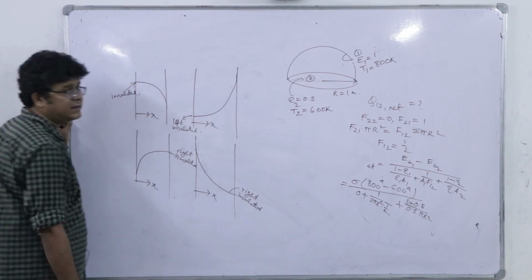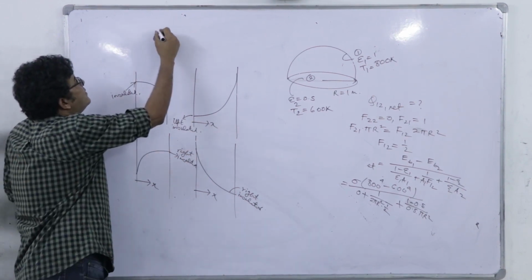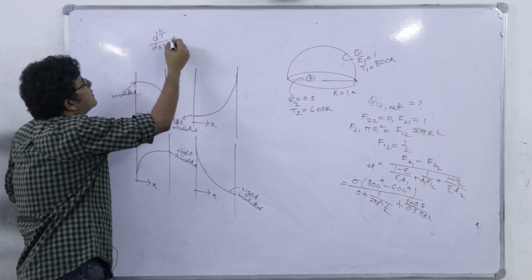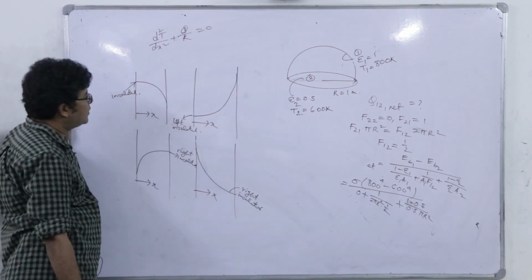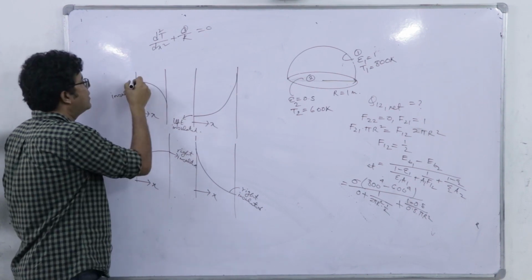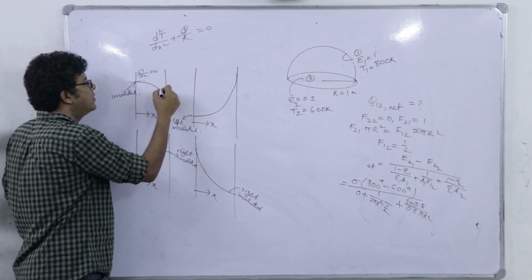Now, whether it is heat generation or heat dissipation, how do you understand, right? Surely we know from the conduction equation d square T dx square plus q divided by k equal to 0, right.